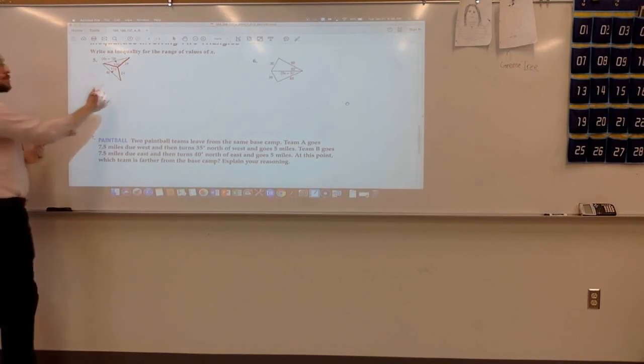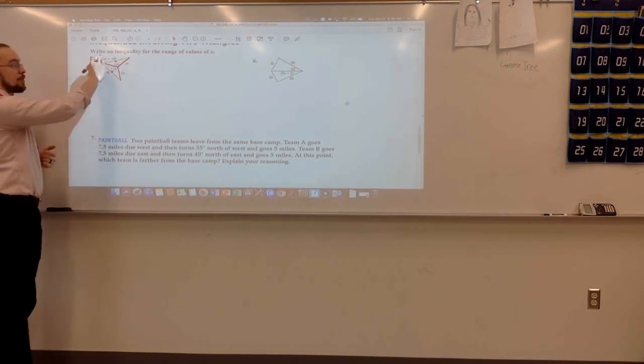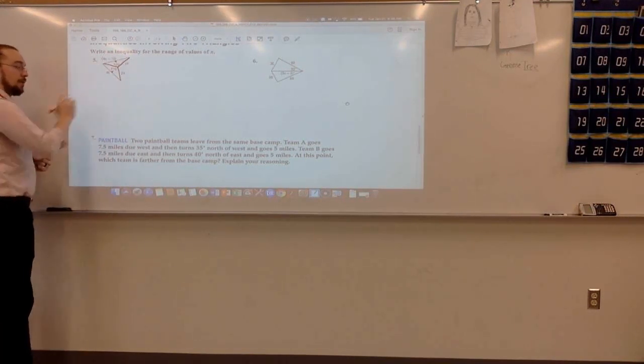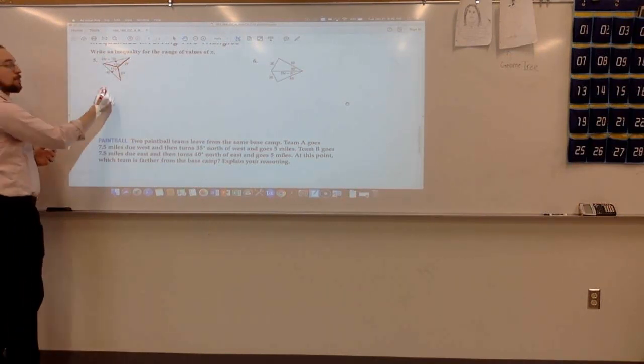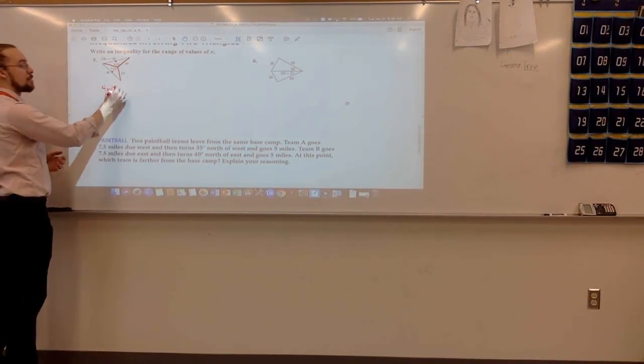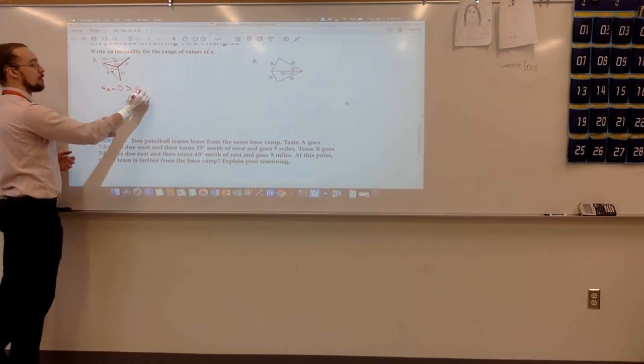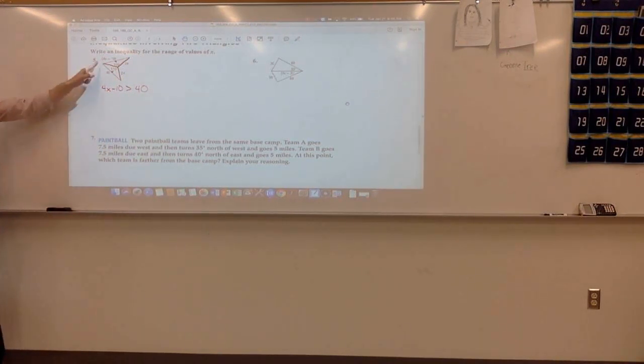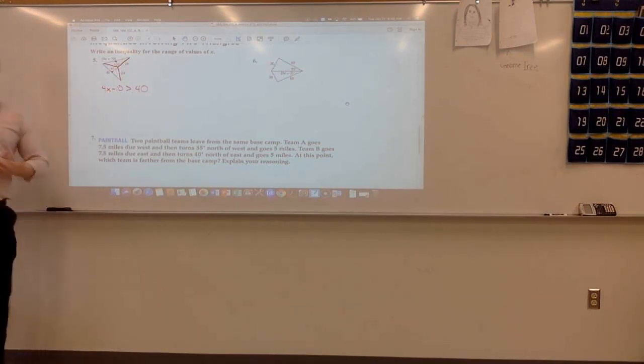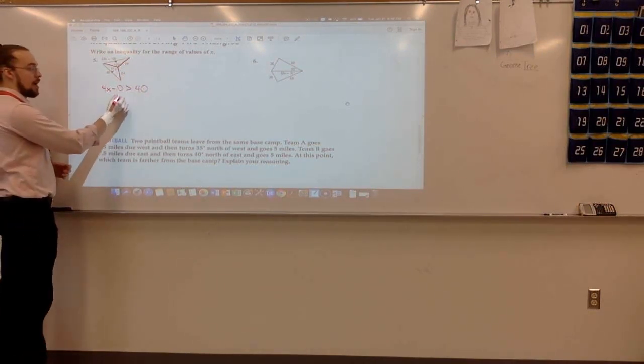So I'm going to do the same thing that we were doing. I'm going to say this side is greater than this side. But I have an expression for that. So I'm going to say 4x minus 10 is bigger than 40. Okay, this side is bigger than this side. So now, I just want to solve this inequality. I want to get x by itself. To do that, we do the same things that we do for an equation. So we're going to start by adding 10.